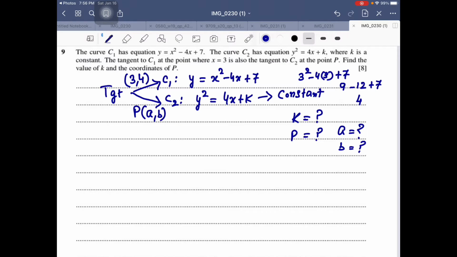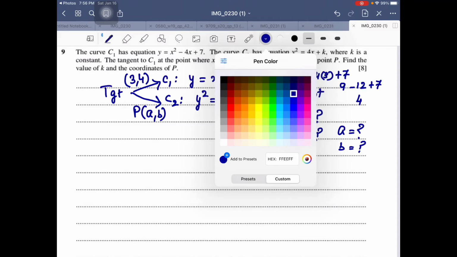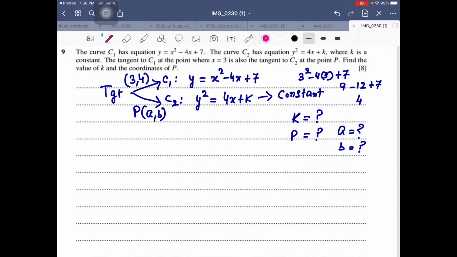First of all, we will find the equation of the tangent to curve C1 at the point (3, 4). We need the derivative.